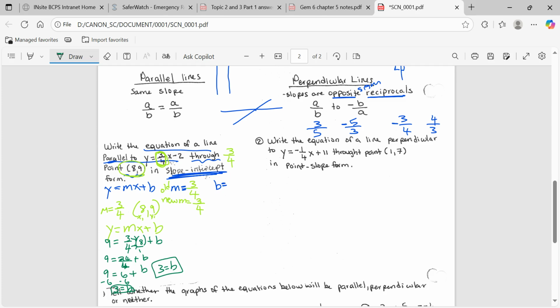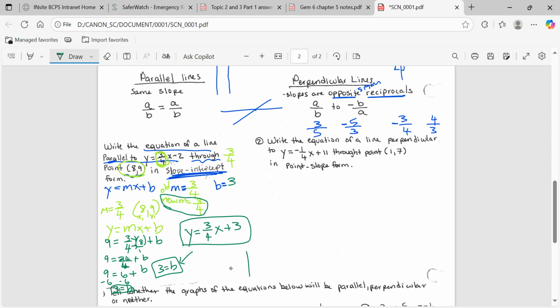So for the new line, my slope is 3/4 and the y-intercept is 3. So my equation is y equals 3/4 x plus 3. This is the equation of the line that's parallel to that original line.